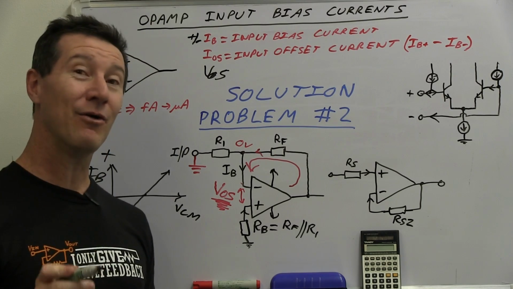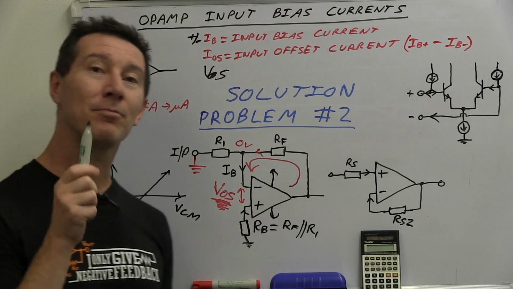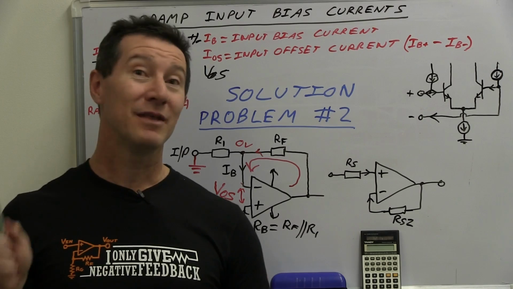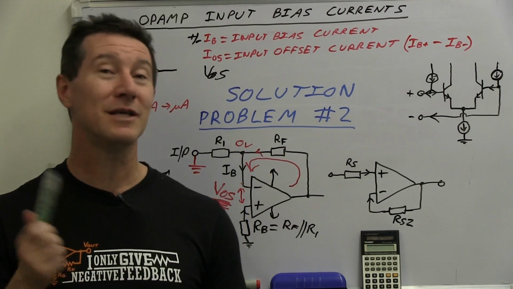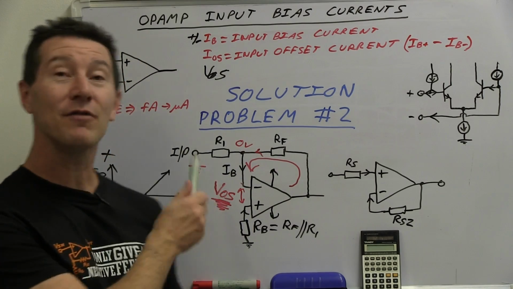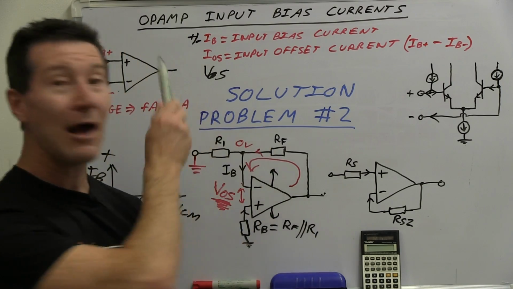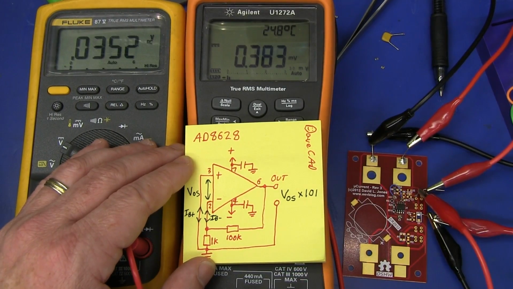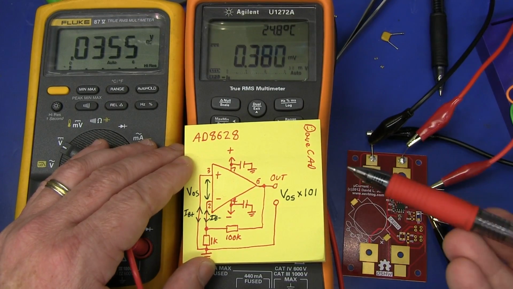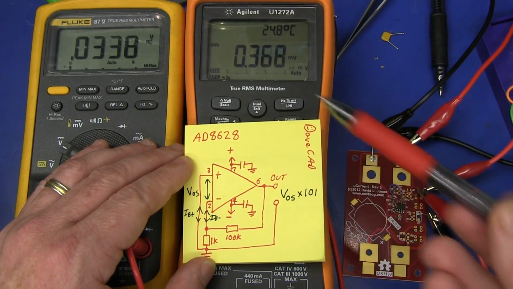So let's now go back to the breadboard from that previous video and see if we can reduce or eliminate or compensate for these input bias currents and see how it affects our final output offset error. And just a quick background to our previous video, and you really should watch the previous video. It'll be linked down below if you haven't seen this.